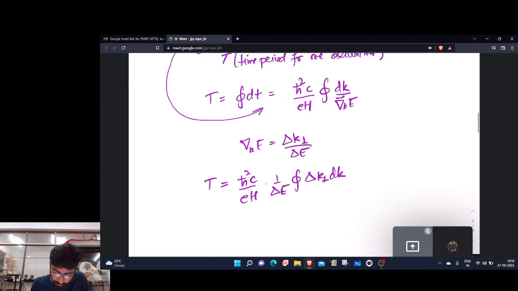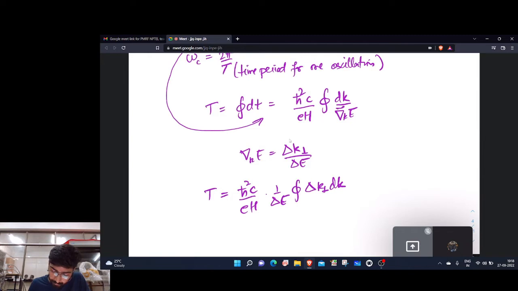Now if you look at this, let's say this was the direction of the magnetic field, and we were taking this circular orbit. Now if we take another orbit of smaller circumference, let's say we're taking a point here.